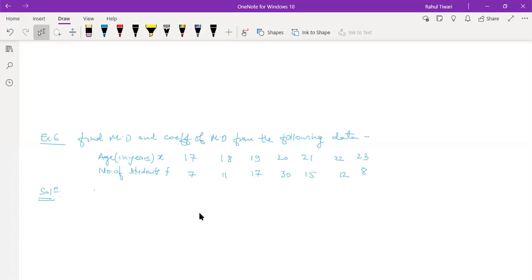You can find for mean as well as median, and tell me which is better. Better means you should be obtaining the coefficient of mean deviation, and whichever is minimum, based on that we're going to conclude your result. Any question?